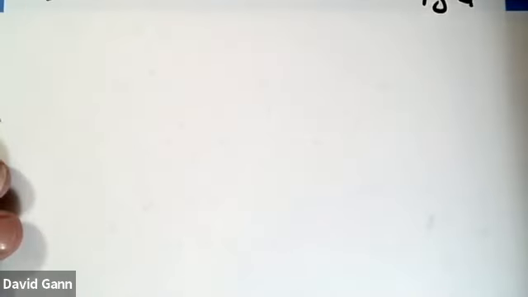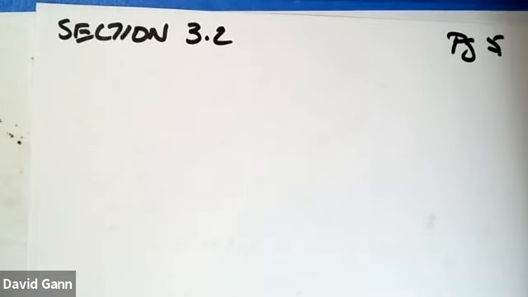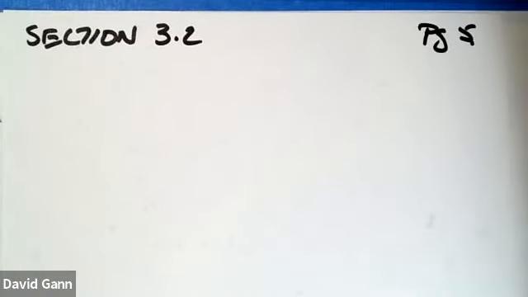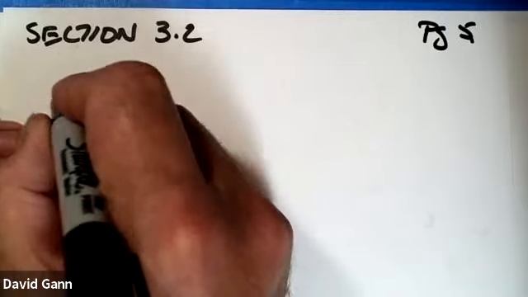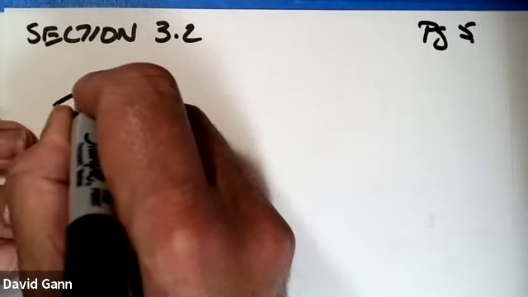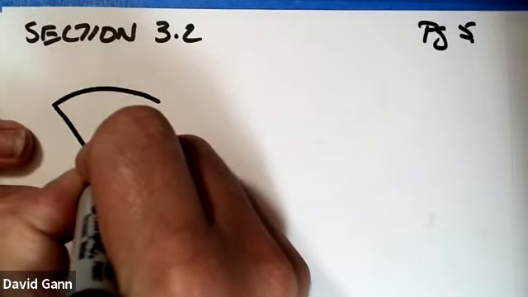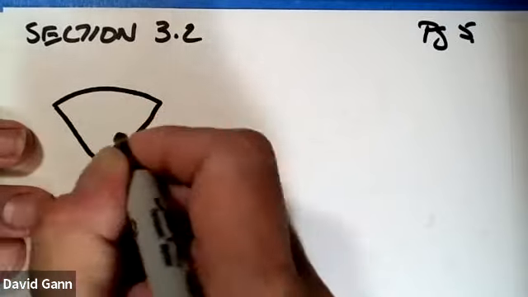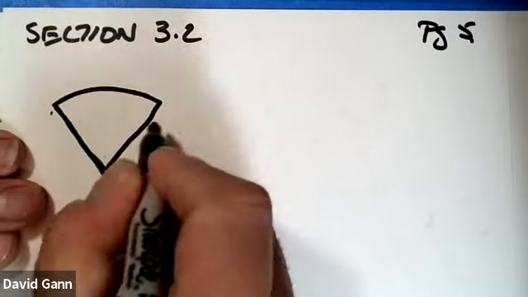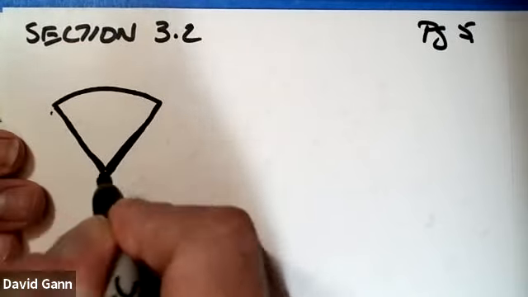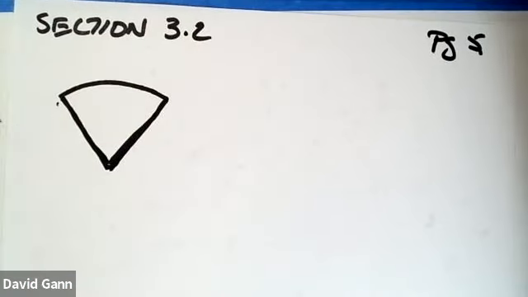Okay, so the sector really has to do with areas. So I want you to consider for a second a circle and the radii. Consider this shape, this kind of ice cream cone shape.